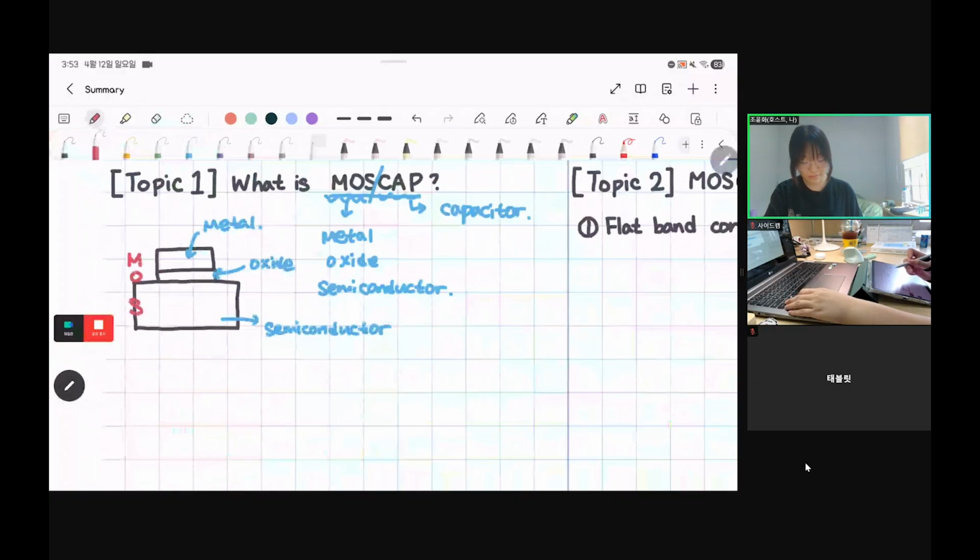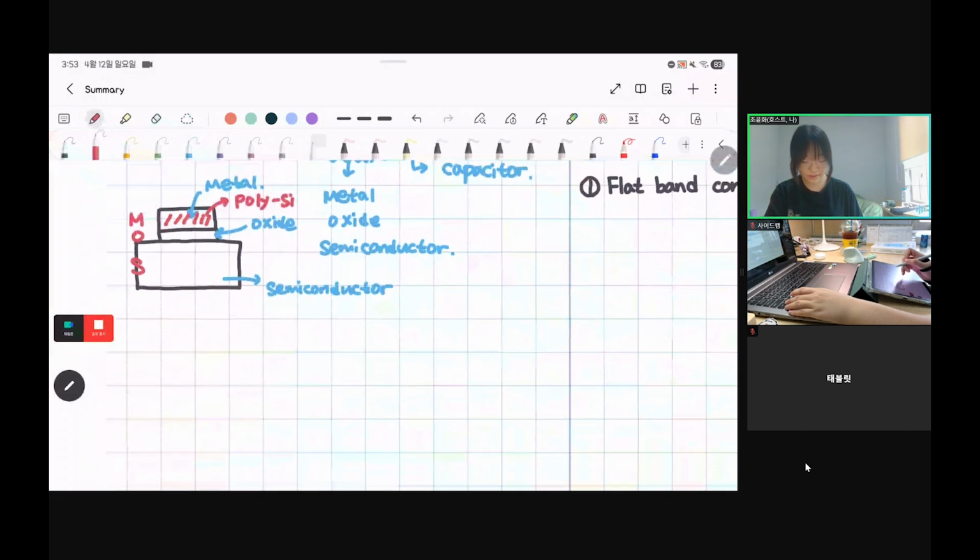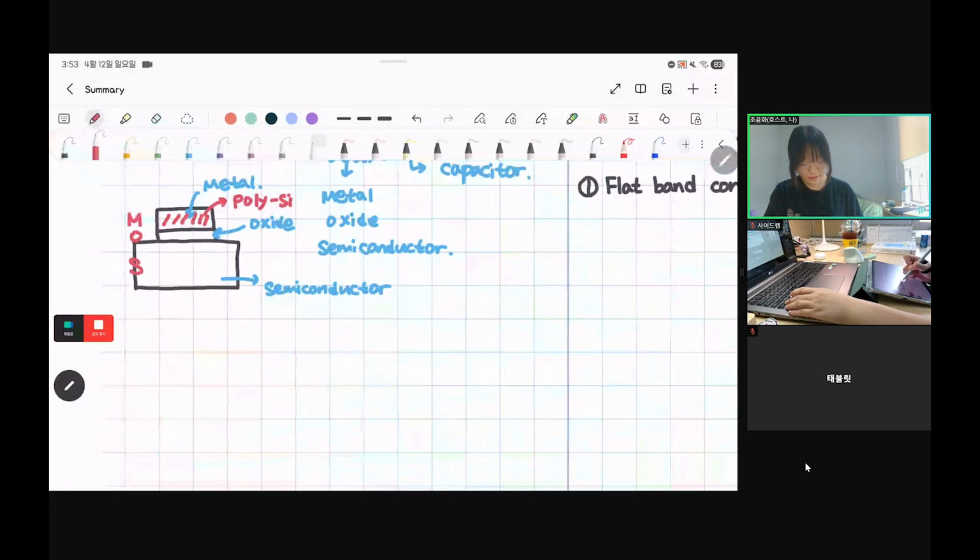In MOSCAP, we can use this M part in heavily doped polysilicon instead of metal. And we call this semiconductor, and we also call this part a substrate or body.